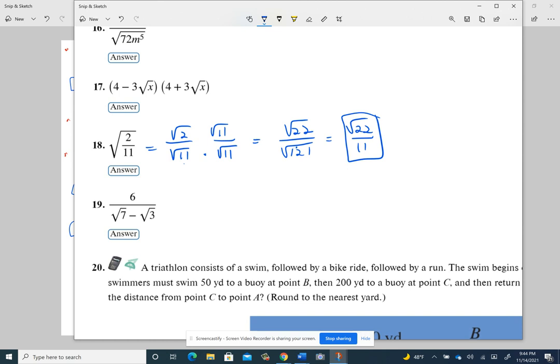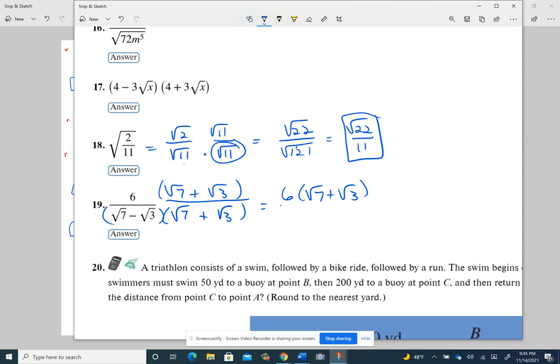When you're dealing with square roots and you're trying to rationalize, you basically can just multiply by itself. Now 19 has two terms, so I'm going to multiply by the conjugate. Okay, so square root of 7 plus square root of 3, and I'm going to do that top and bottom. And then I find that it's easier to keep it factored on top, but you want to go ahead and FOIL out the denominator to get rid of those radicals.